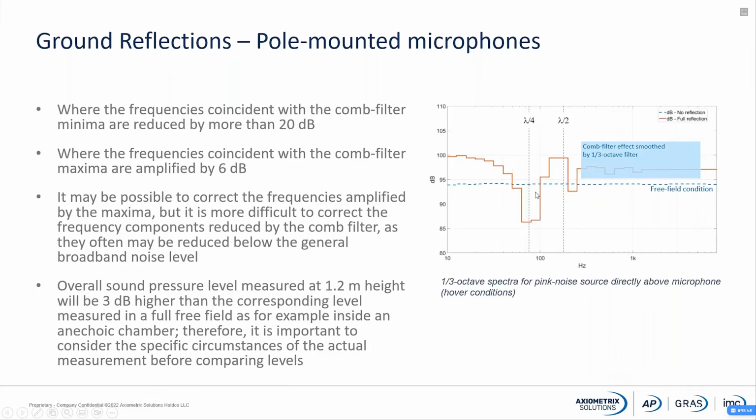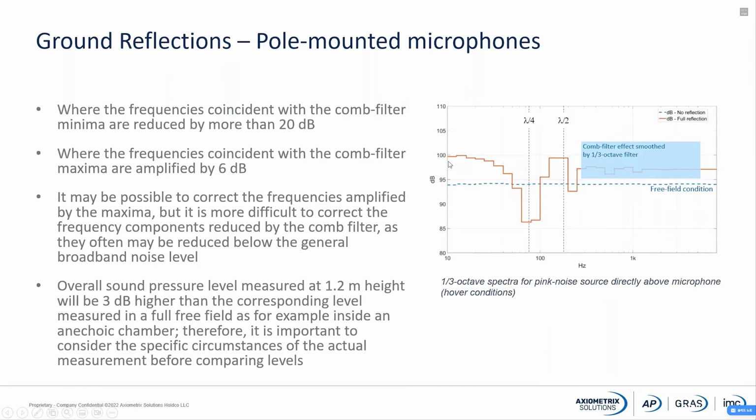And you can also have some frequencies where it's actually amplifying the measured data by 6 dB. So dependent on the frequency, if you're interested in the tonal content, this will give you some challenges because you don't really know if you're measuring the real signal or a reflected wave.